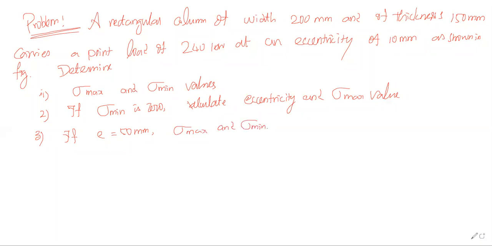So the given data is load P is equal to 240 kilonewton, eccentricity E is equal to 10 mm, breadth of the section B is equal to 200 mm, and depth of the section D is equal to 150 mm. So this is our given data.